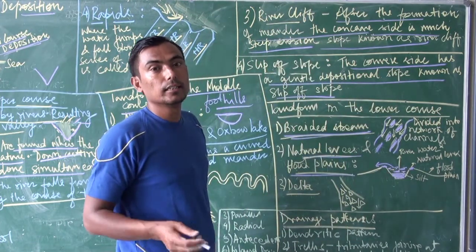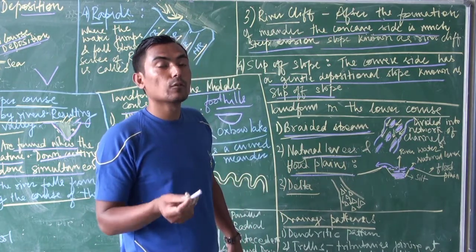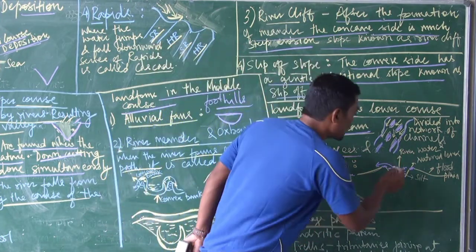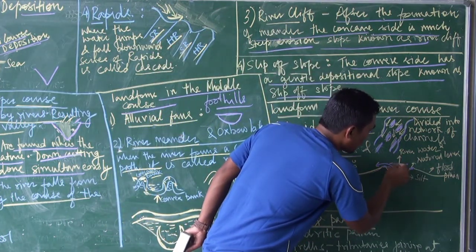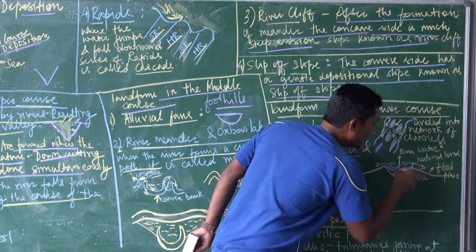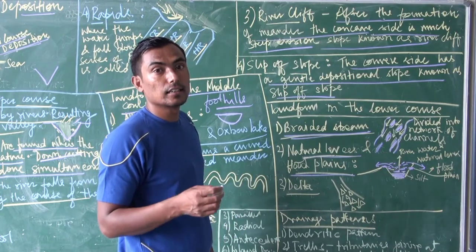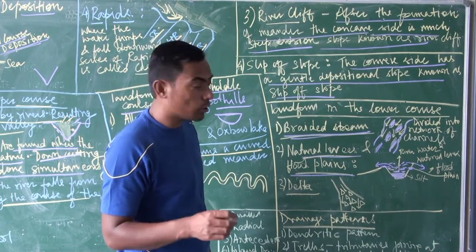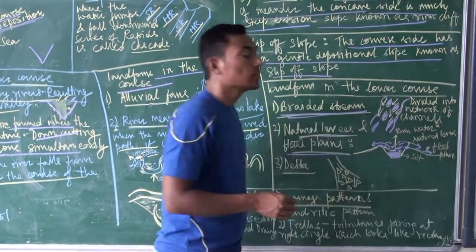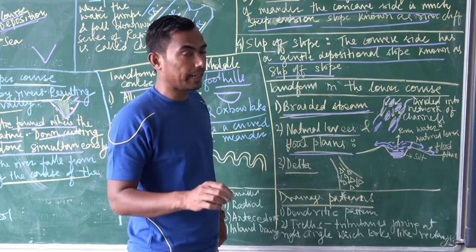Especially during the monsoon, when the volume of water increases because of excess rainfall, the river water enters the surrounding areas. As it enters the surrounding areas, it results in flooding, and those areas where the flood water enters are called a floodplain.